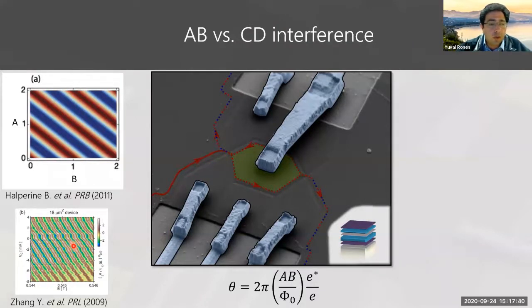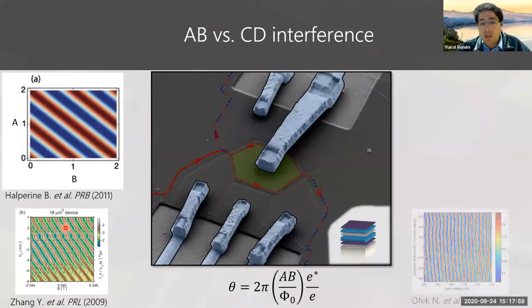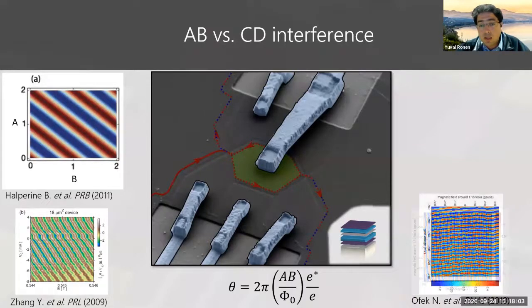Now, what you actually want is to make these experiments in relatively small Fabry-Perots, not big ones, because the coherence length of the fractional edges is expected to be low. That's what we see experimentally. So you want to make the Fabry-Perot as small as possible. This is another paper, a year after, which I'll rotate so that the x-axis is magnetic field and the y-axis is area.